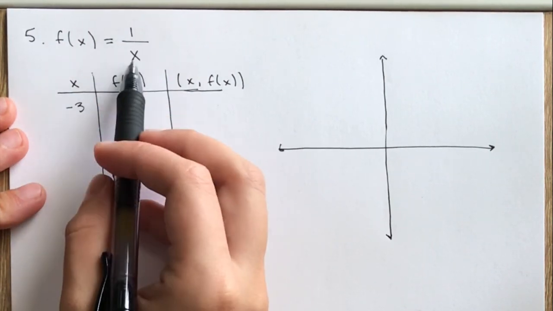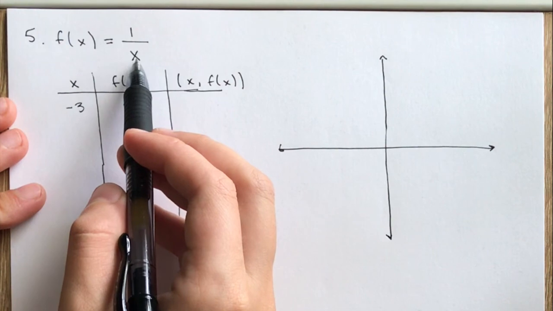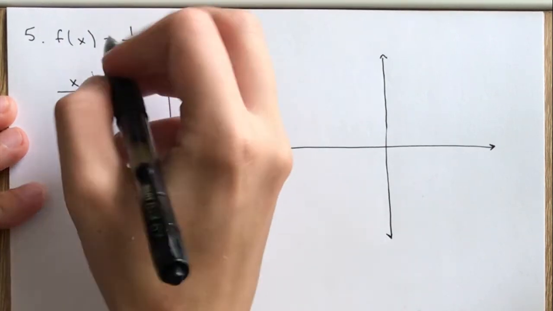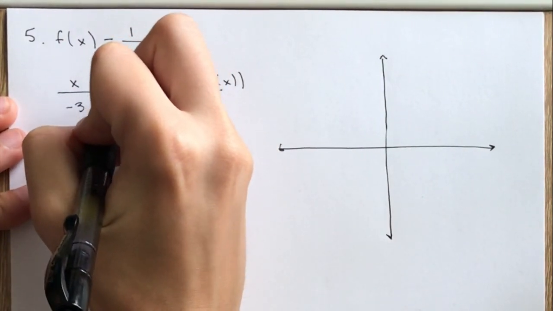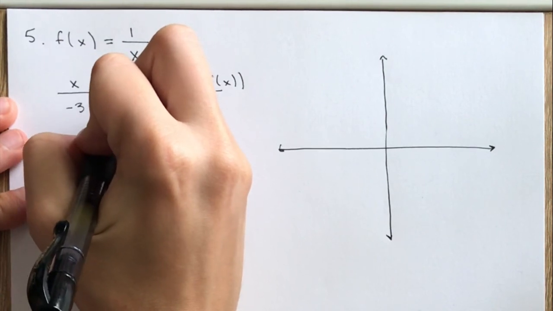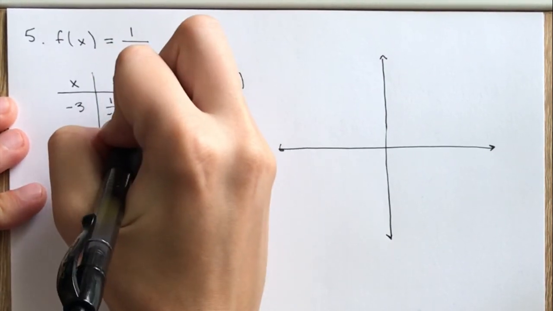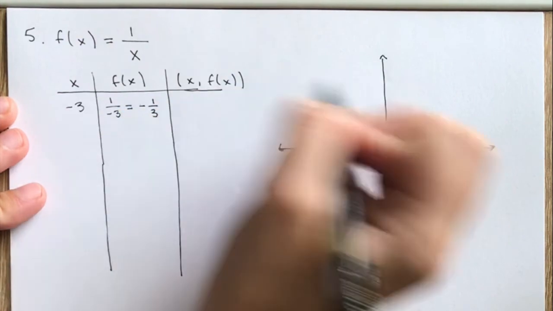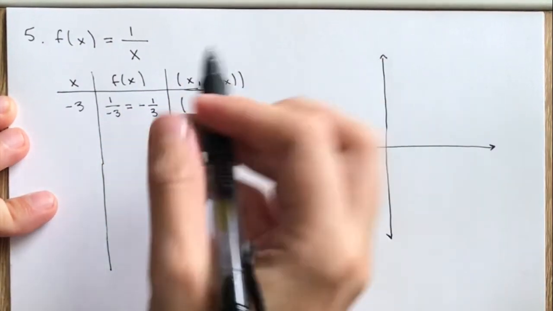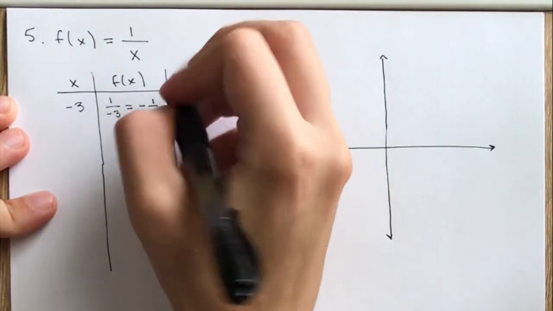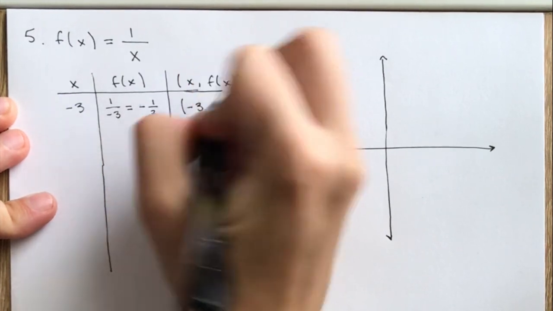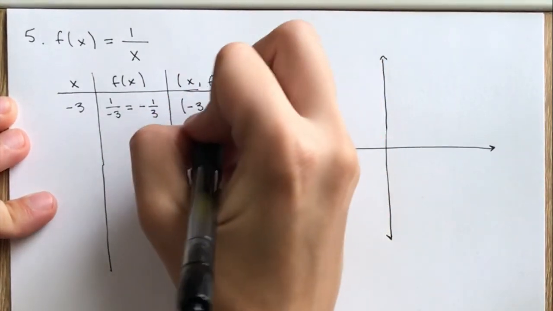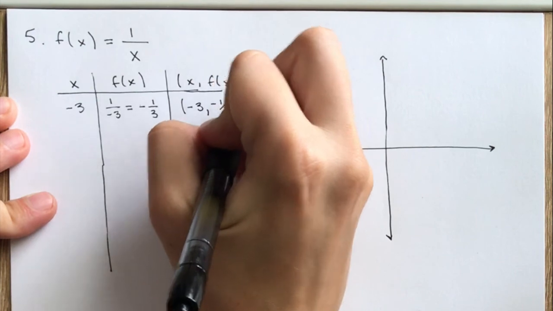Well, if our relationship is 1 over x and x is -3, then I've got 1 over -3 or -1/3. So my point now, right, x we're replacing with -3, and f of x here is -1/3.